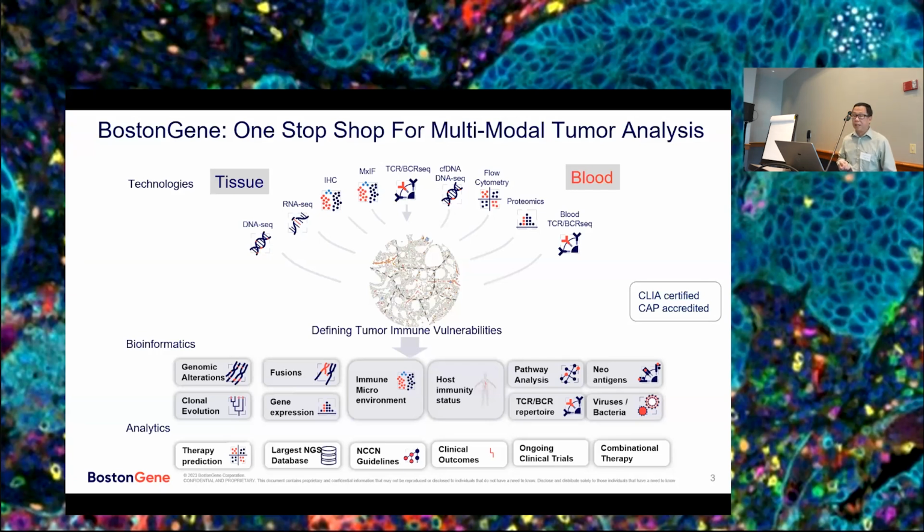As listed here, I'm not going to go over it. I'll just say for every patient sample that comes in, we'll do this deep analysis and then integrate all this multi-modal data into solution treatment options, feedback to the physician to find the best treatment for the patient.